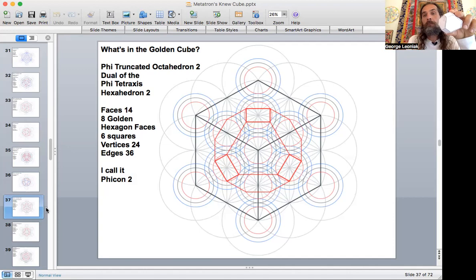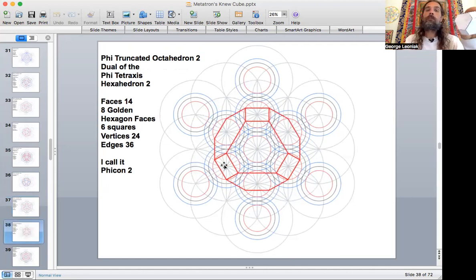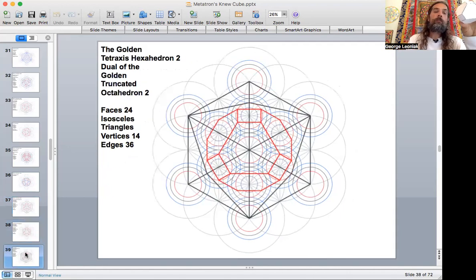So how do we fit them into Metatron's cube? Instead of doing the 39 circles, 39 lines, we need to work with the circles. We have 39 circles on here, but we do need to add a few little ones to get this going. So anyway, FICON 2, here's thing 2.